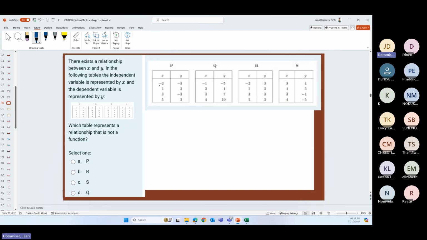What I wanted to show you in this one is that they ask us: there exists a relationship between x and y. In the following tables, the independent variable is represented by x and the dependent variable is represented by y. So that is x and that is y, for each of P, Q, R, and S. Which table represents a relationship that is not a function?